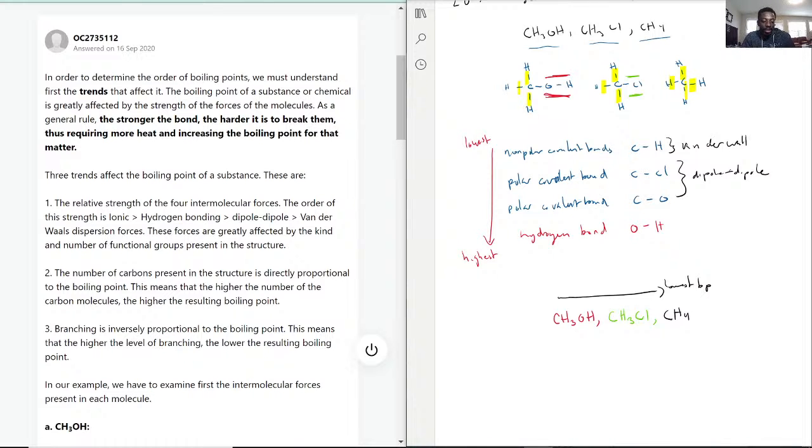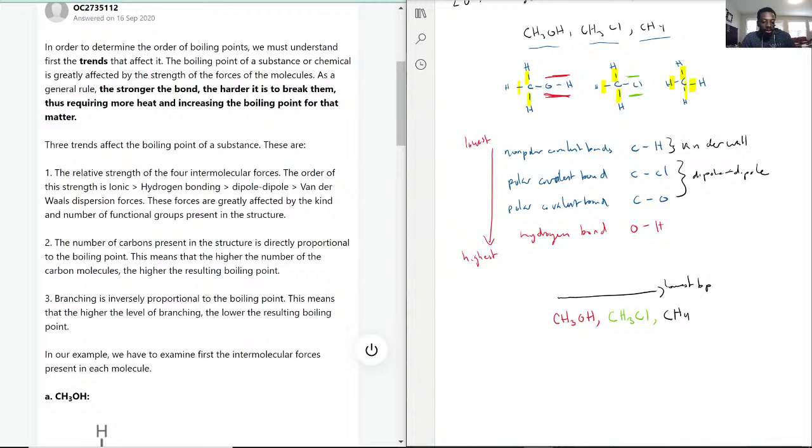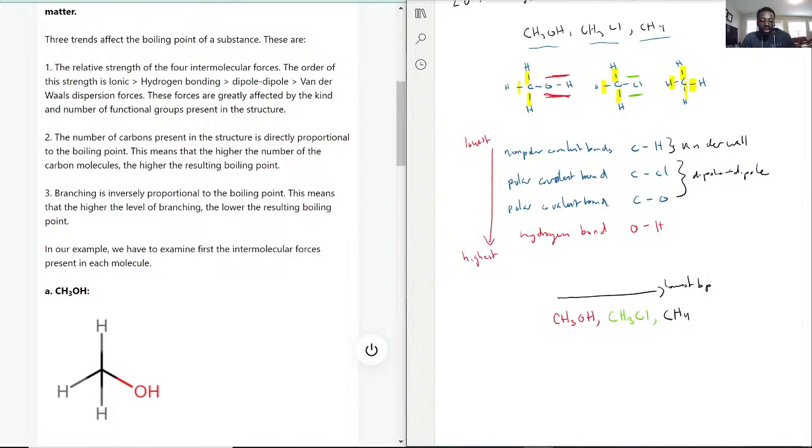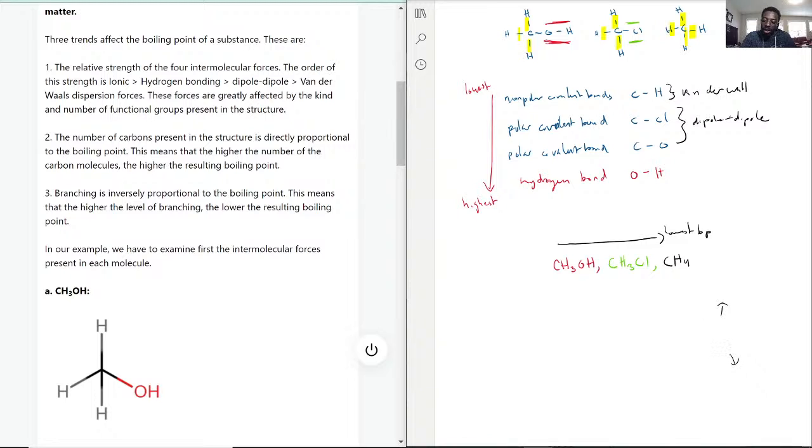The number of carbons present in the structures is directly proportional to the boiling point, but each one here has only one. And when you branch, branching is inversely proportional. If you compared this to this, same thing, but this one would have a higher boiling point because it's more spread out, and this one would have the lower boiling point, as a rough picture.